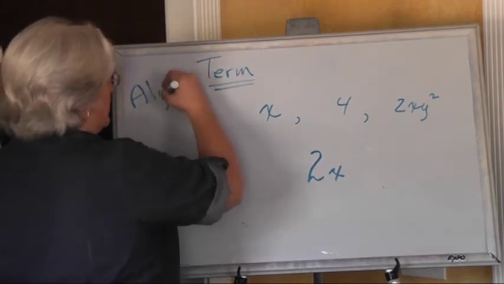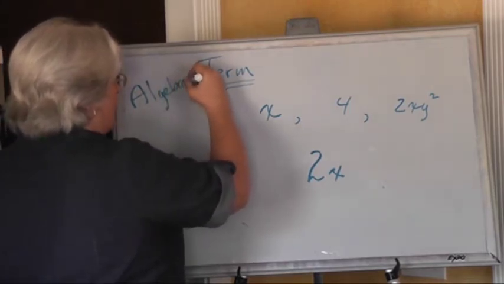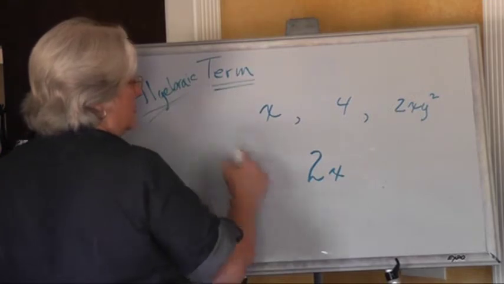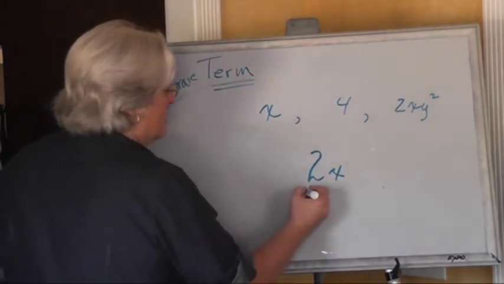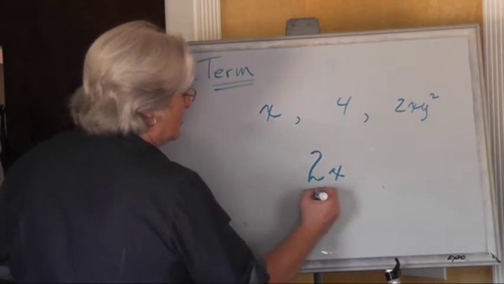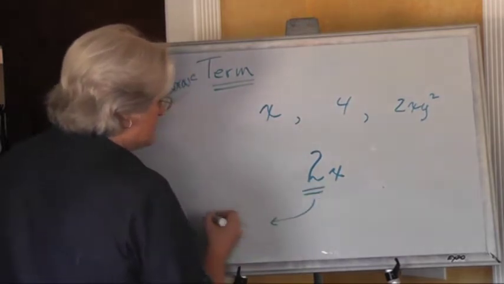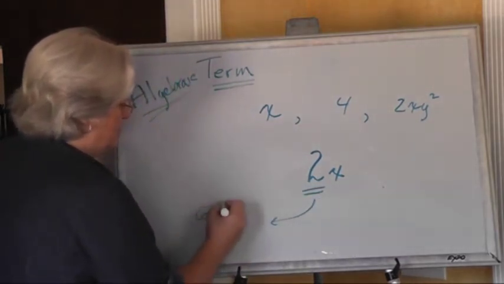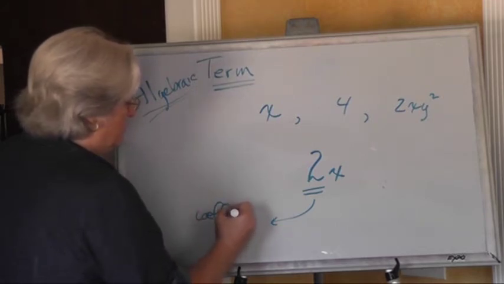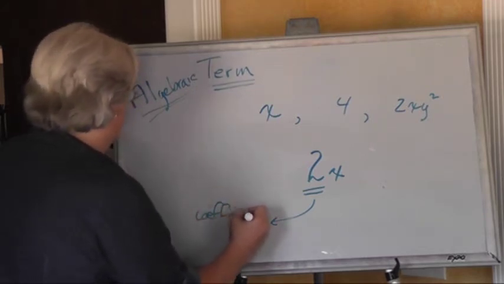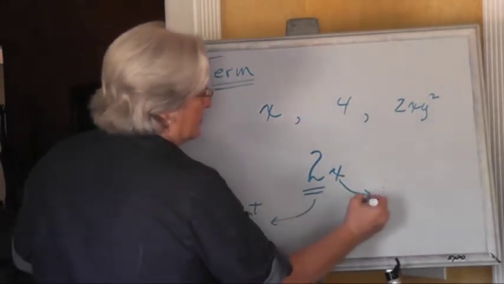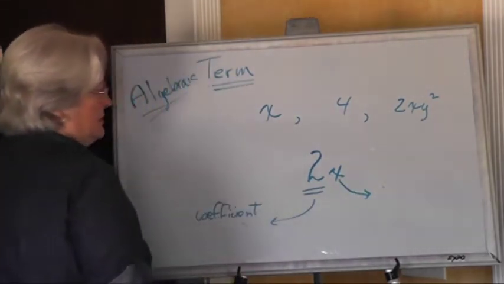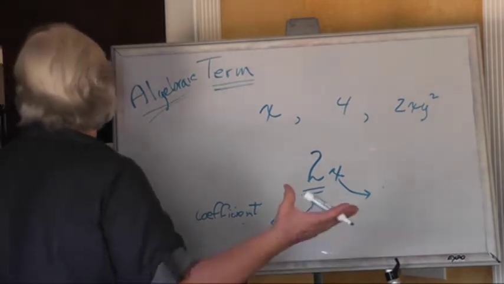What makes it an algebraic term is that it has variables with it. The numerical part, right there, is called the coefficient. And the letter part is just called the variable.